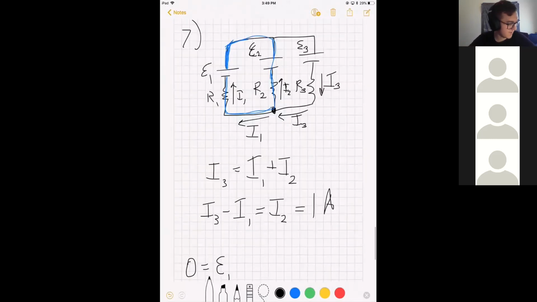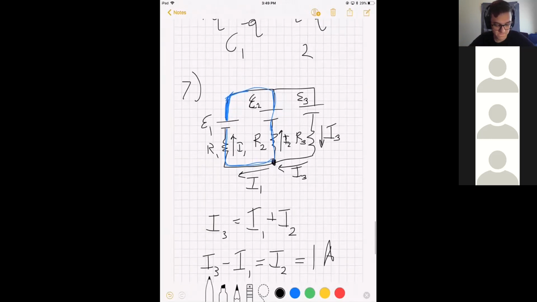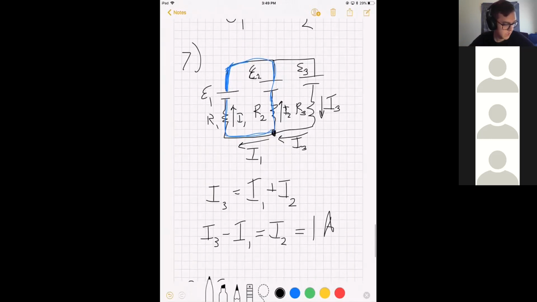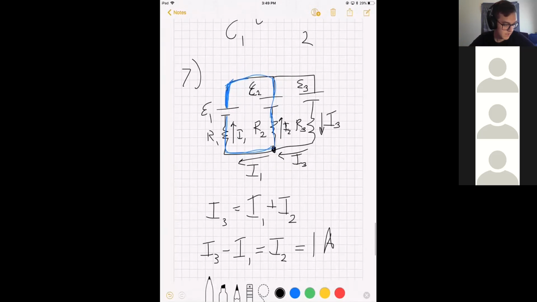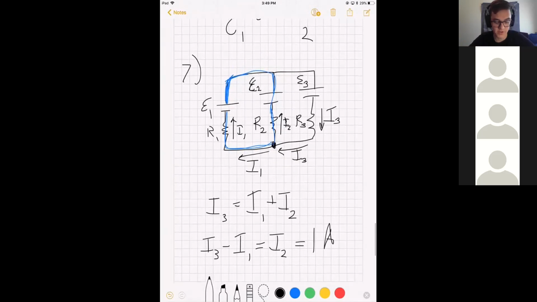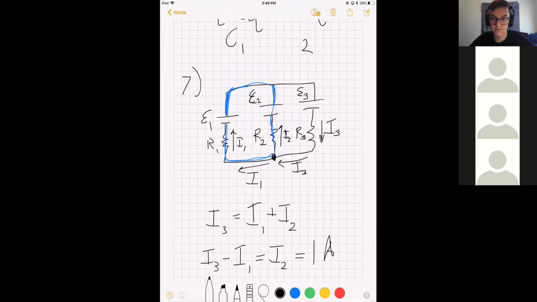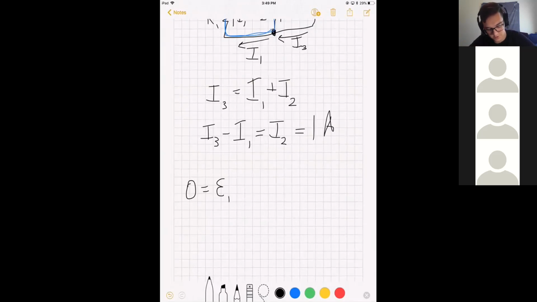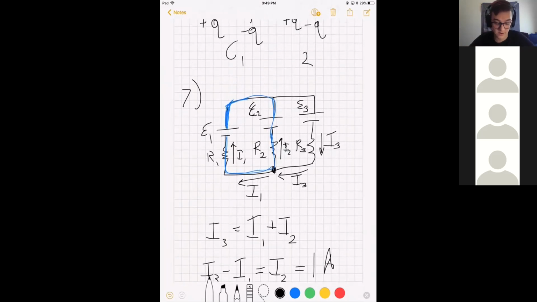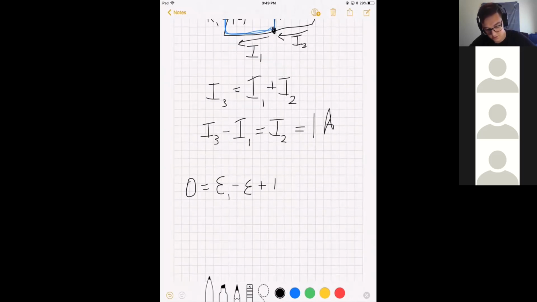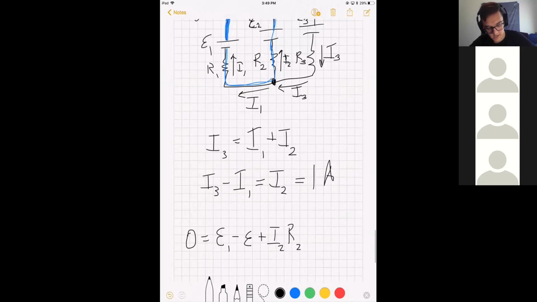Then I'm going to hit E2 right here. And so with E2, I'm going to have a voltage drop because I'm going from positive to negative. Then I'm going to have a voltage gain because I'm going against the current across a resistor, so it's minus I2 R2.